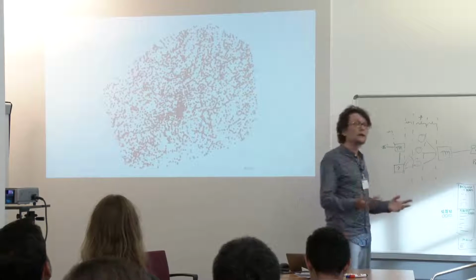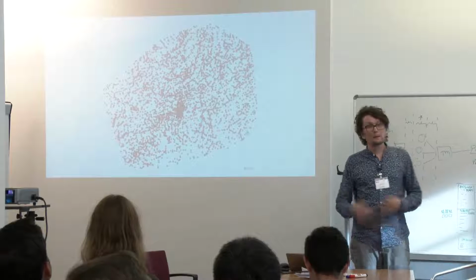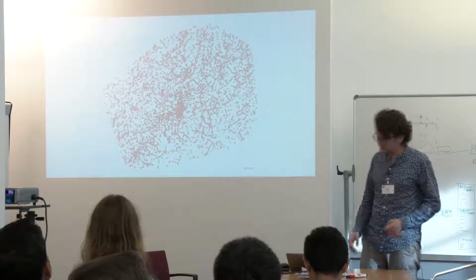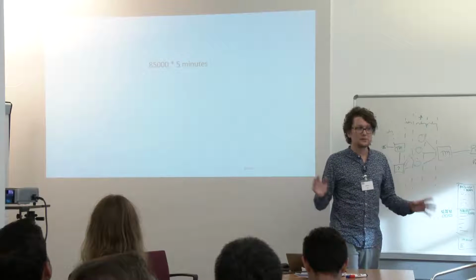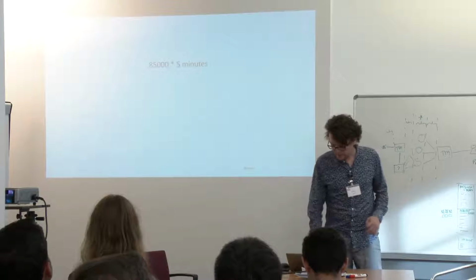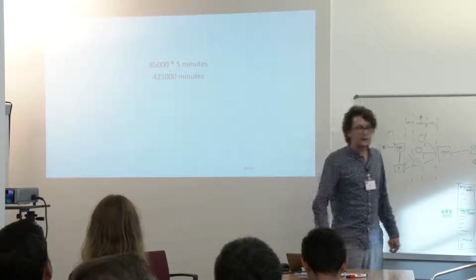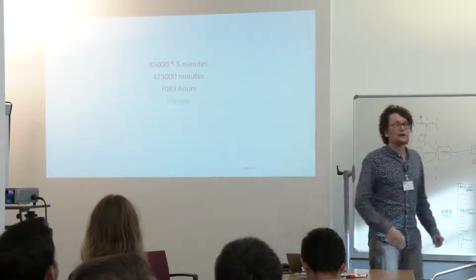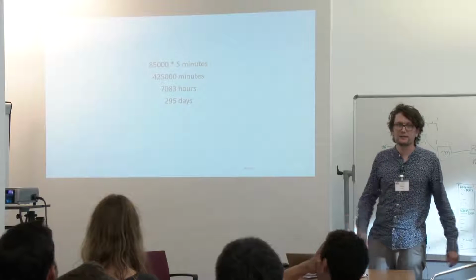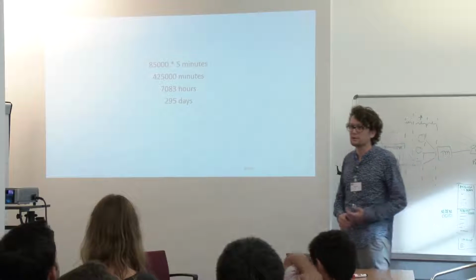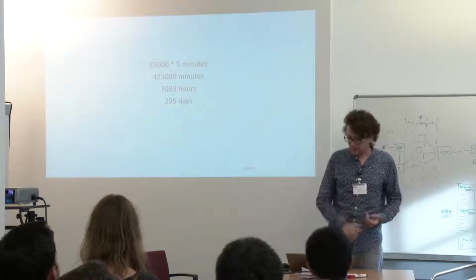There were only 85,000 of them, but still it takes about 5 minutes to do one isochrone map, which was the map I showed earlier. And if I would do that for all 85,000, it's about a year to calculate that, which is way too long for the project we're doing.